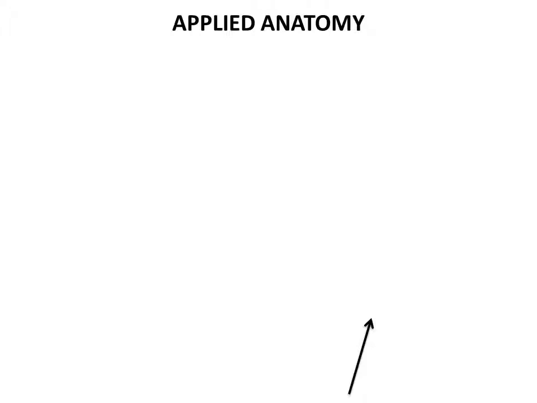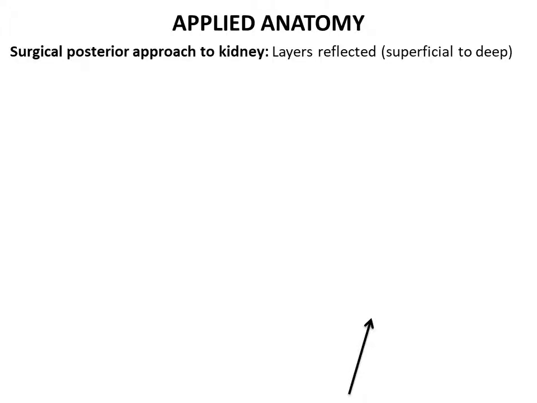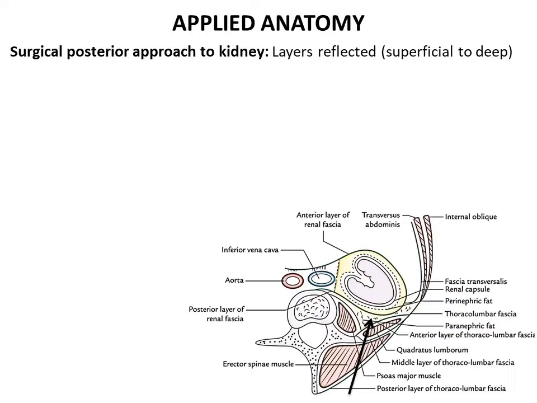The surgical approach to kidneys is usually done posteriorly, retroperitoneally. An oblique incision is given starting in the renal angle, usually running downwards and forwards. The following layers are reflected from superficial to deep. These are skin followed by superficial fascia, and then comes the thoracolumbar fascia.